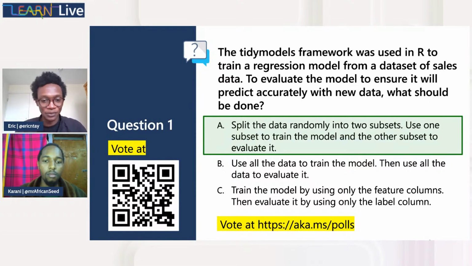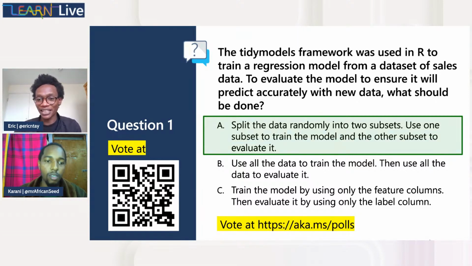B was wrong because if we use all the data to train the model and then use all the data to evaluate it, then we are doing something known as resubstitution. It's a common error in machine learning, whereby you are evaluating on the data that you trained on.